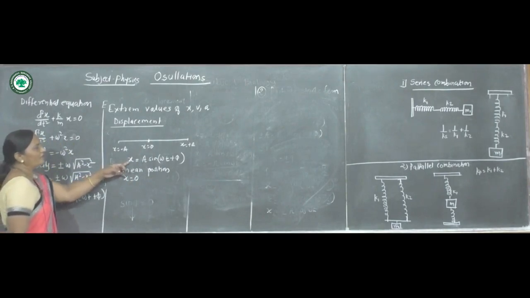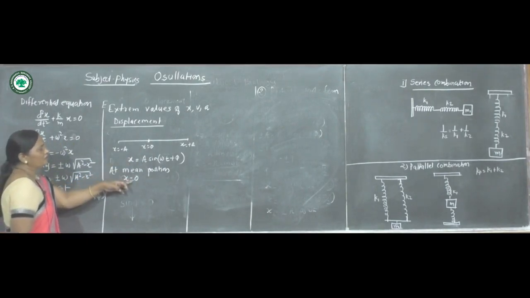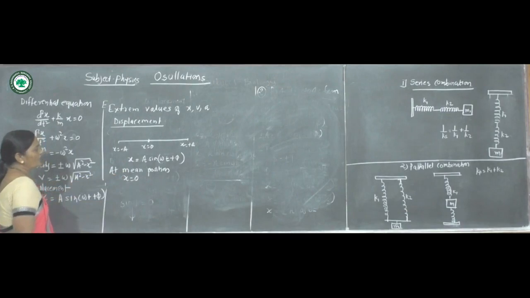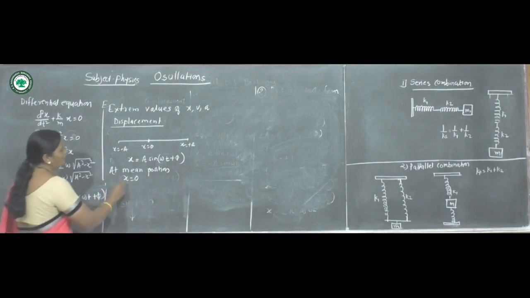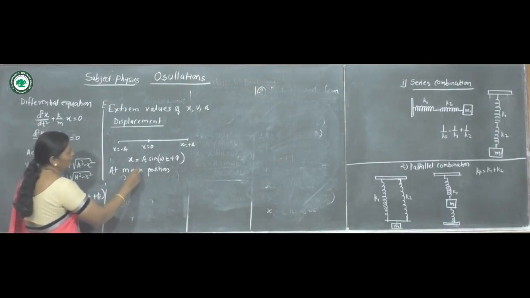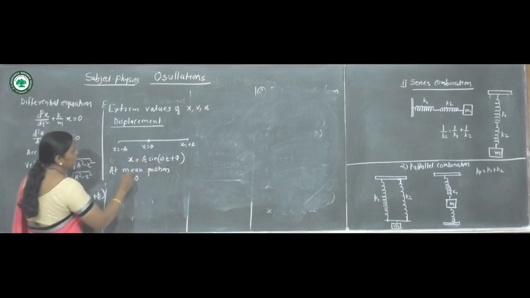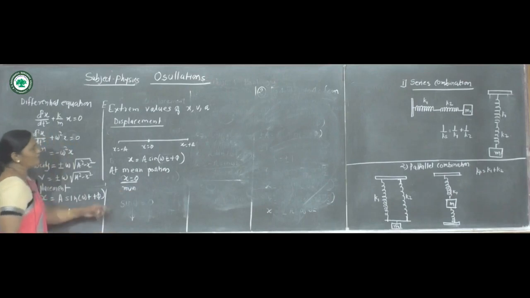Substituting the value, we have t is equal to 0, that is x is equal to mean value, x is equal to 0. It is the minimum value. Displacement is minimum at mean position.